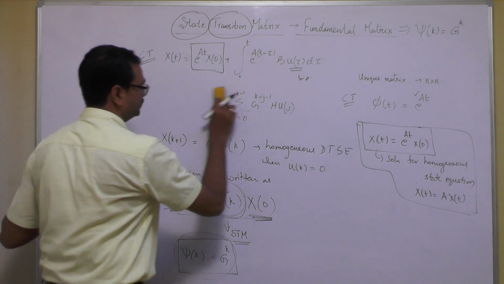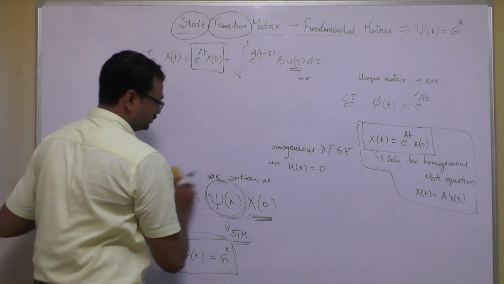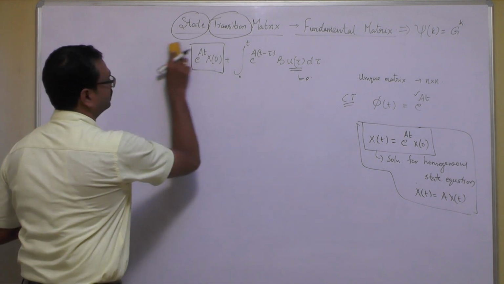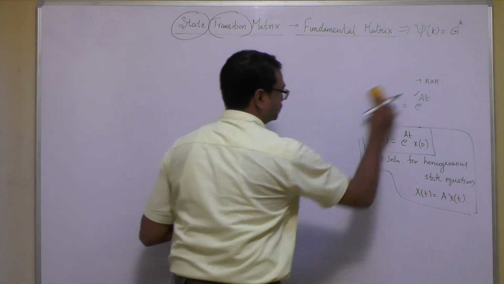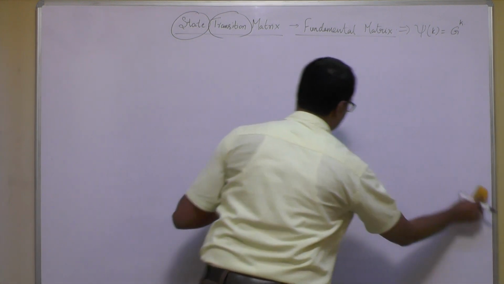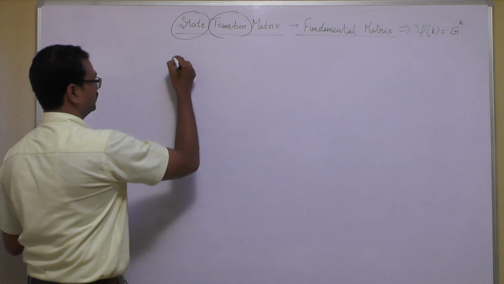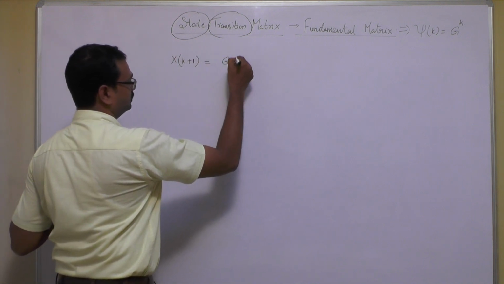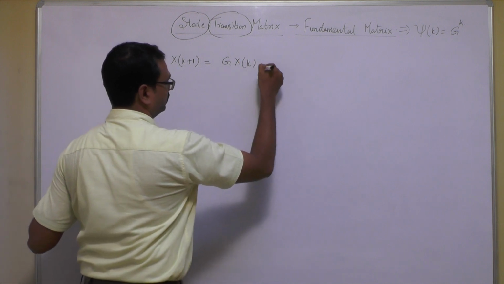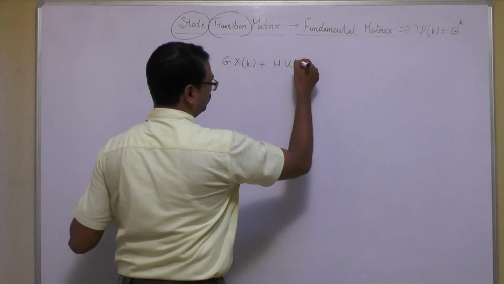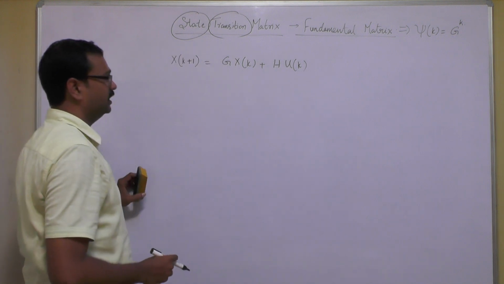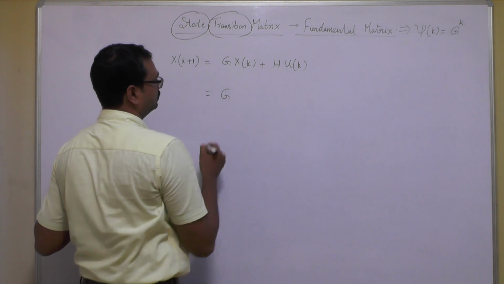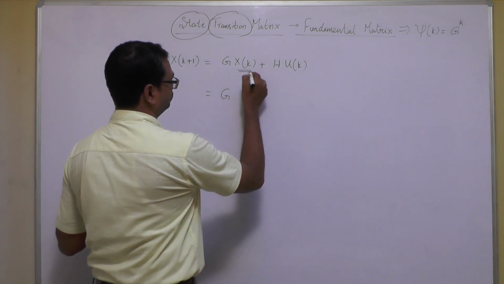For the discrete time system, starting from the homogeneous equation, we have x of k plus 1 equal to g into x of k plus h into u of k. When you have this, you can replace it with g into x of k.